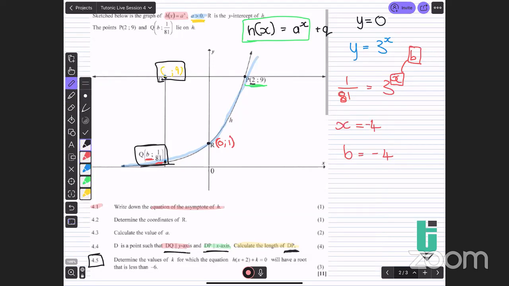So what's the length of DP? It will be 6, because you're going 2 minus minus 4. Does that make sense?